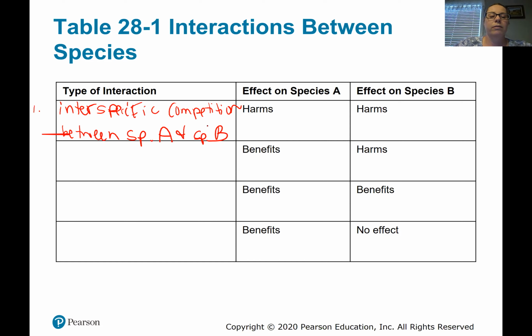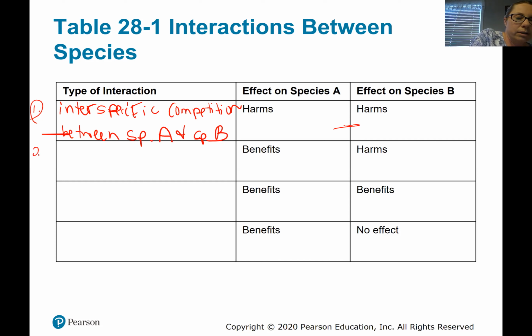In the first one, interspecific, where A and B are competing, they both get harmed, right? Say the coyotes and the hawks are both competing for the prairie dogs for a meal, the coyotes and the hawks are both going to be harmed because they're not going to get as much food as they normally would if they're competing for that resource.